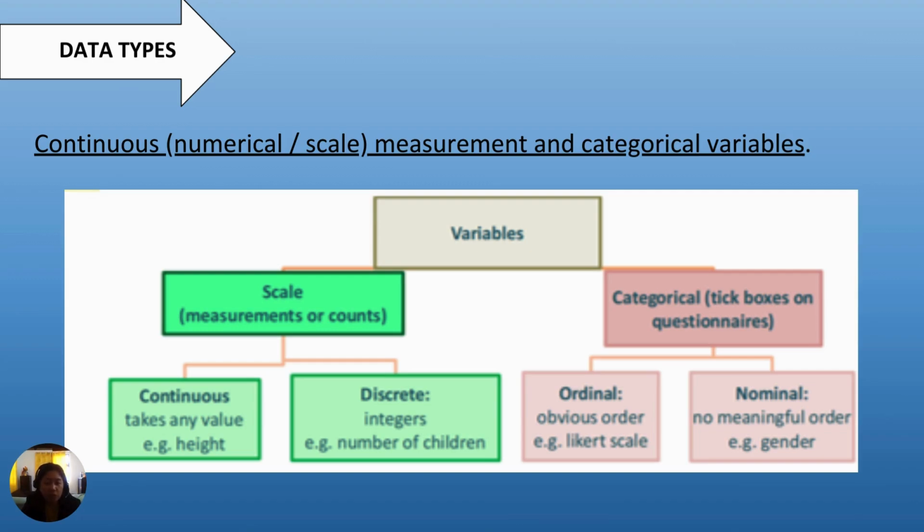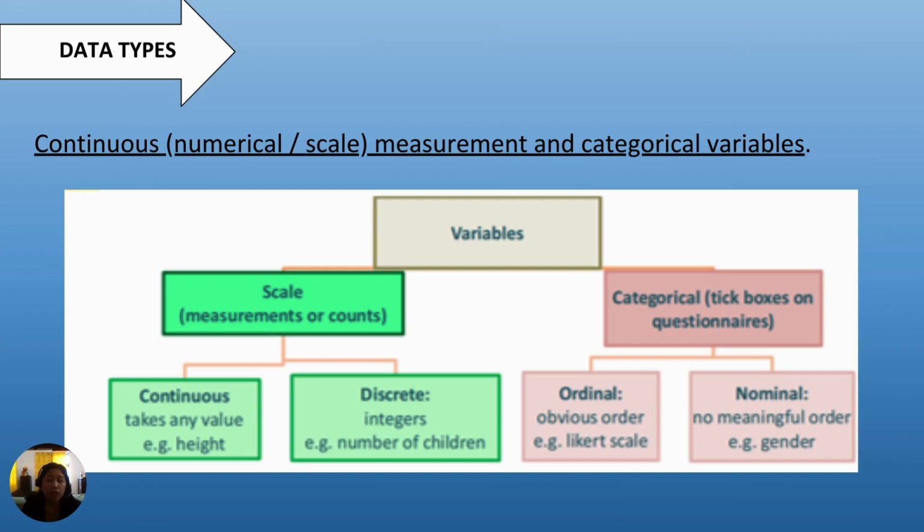Examples here are number of children, number of books you own, number of correct answers on a quiz. If you can count it and it only makes sense in whole numbers or integers, then it's probably discrete data.